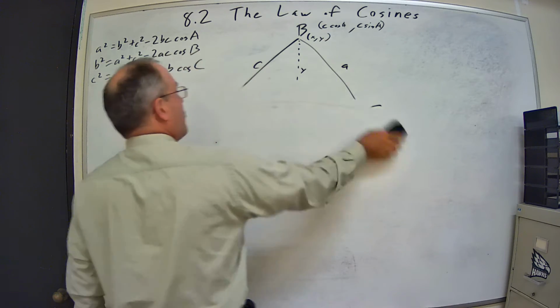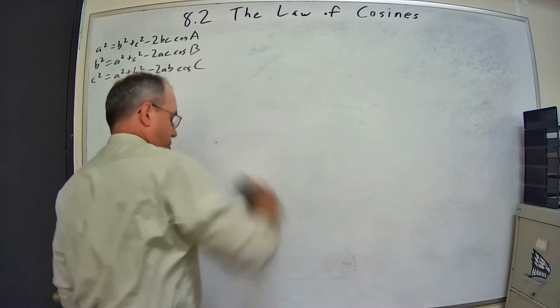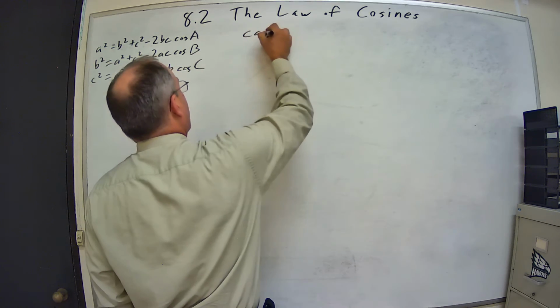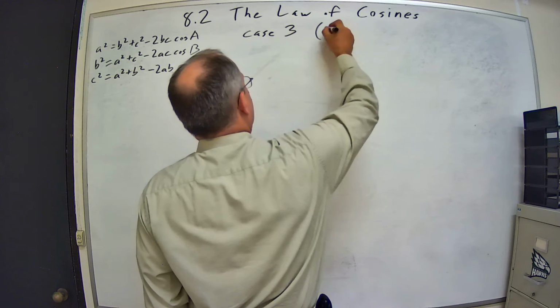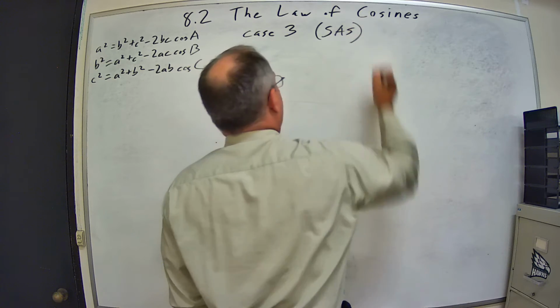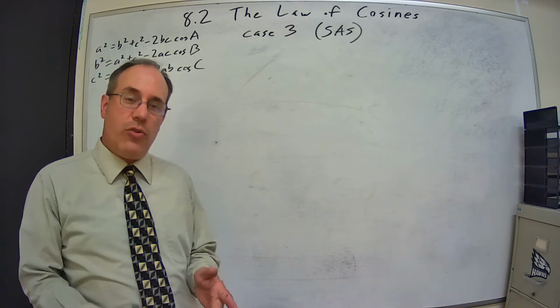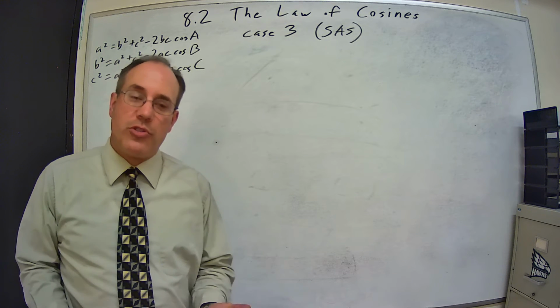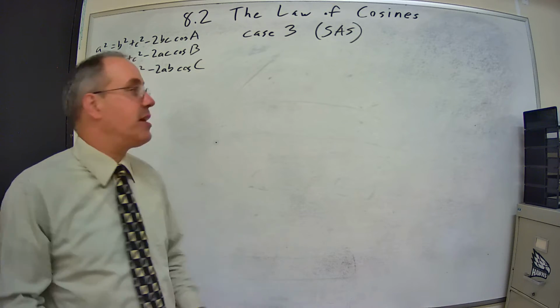And since we have all that, we can now go into case 3, which is side, angle, side, where we have two sides and the angle between them, which is impossible to solve using the law of sines because we don't have anything opposite anything.